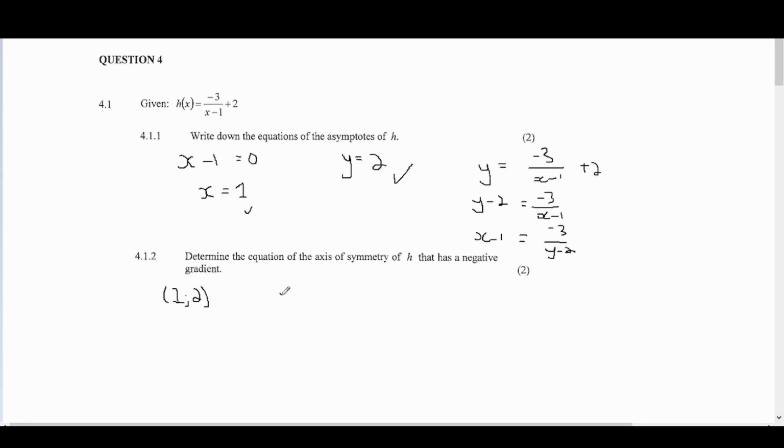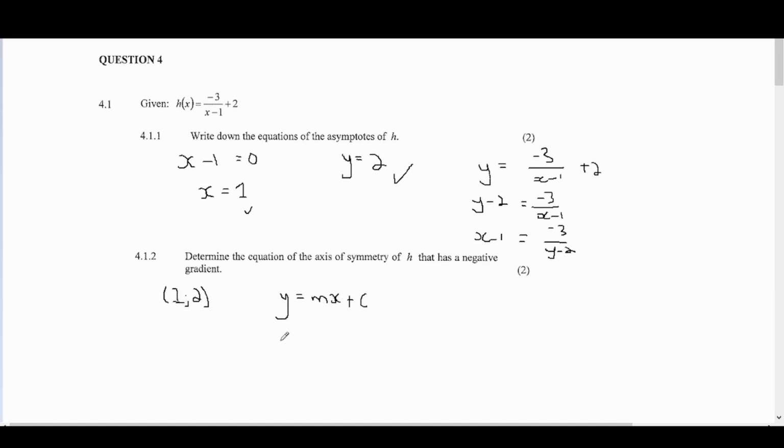Our equation for a straight line is y equals mx plus c, where y is our y value, m is our gradient, x is our x value, and c is our y-intercept. So we have a set of coordinates here, so we can substitute these in.